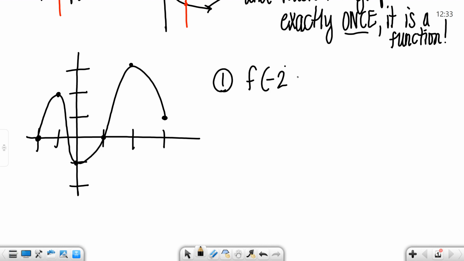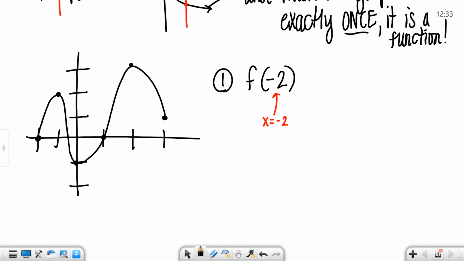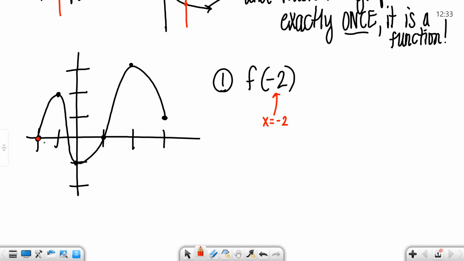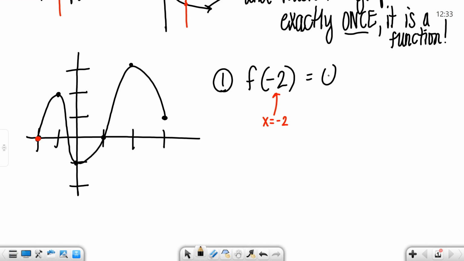My first question is, what is the value of the function at -2? What you have to remind yourself of is that this is saying x is -2, and they want to know what y value goes with that on the graph. Where x is -2, it's touching the graph right there. What y value is it touching? A y value of 0. So the function at -2 is 0.